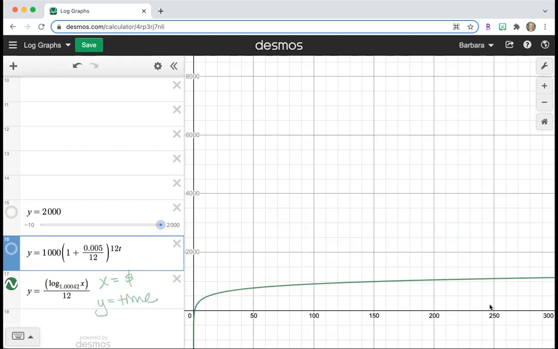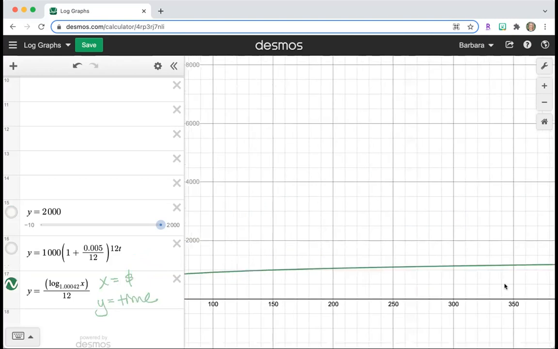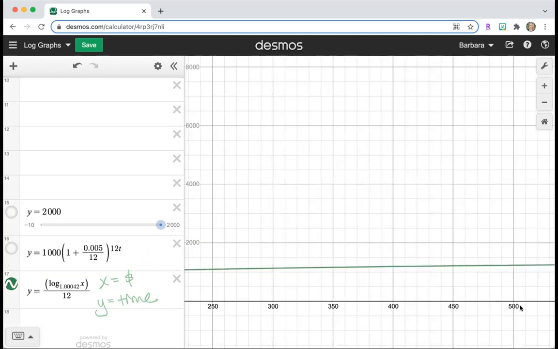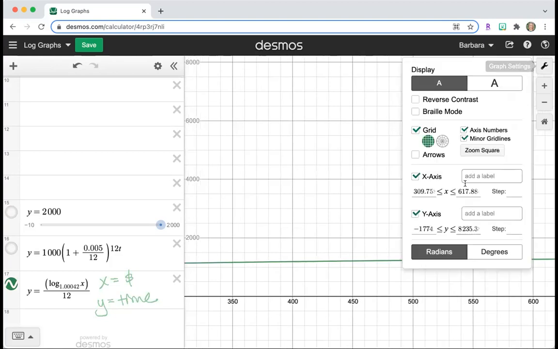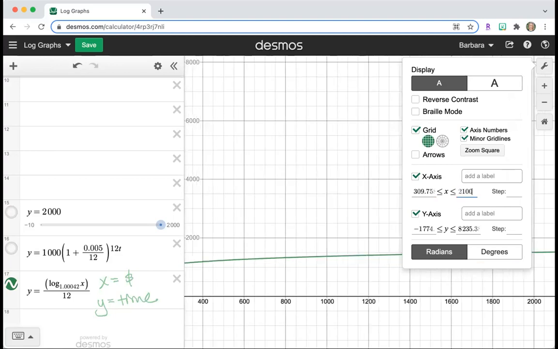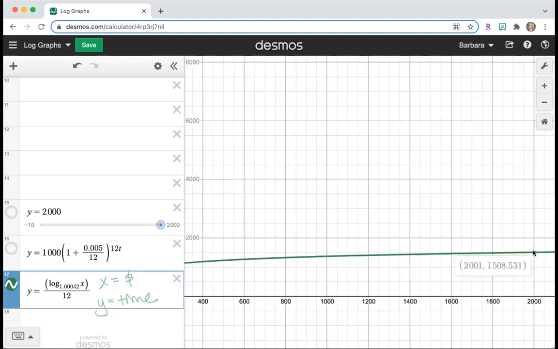If we want our money, we're going to need our X value to be 2,000, and you see our X value is only 500 here. So we can change this window to go out to maybe 2,100, and now we can get that 2,000.